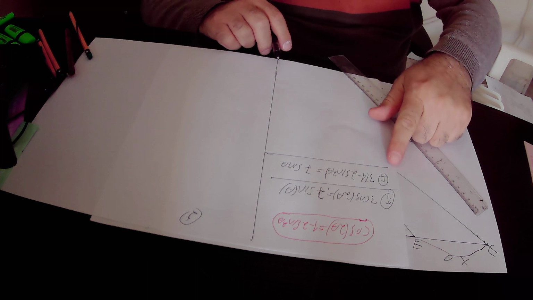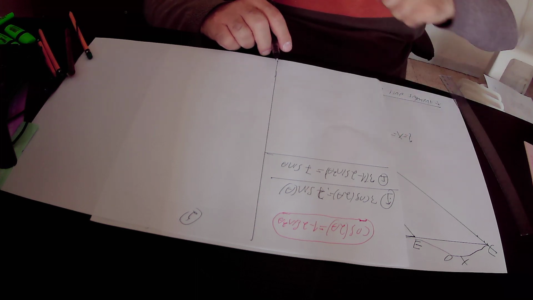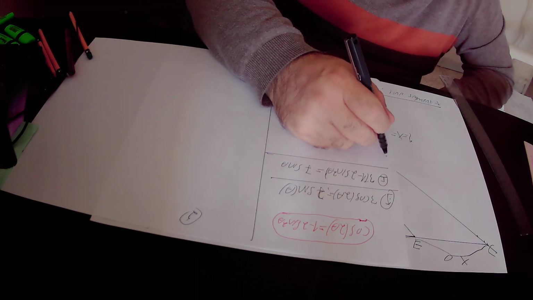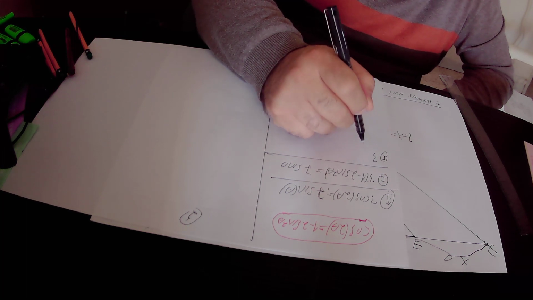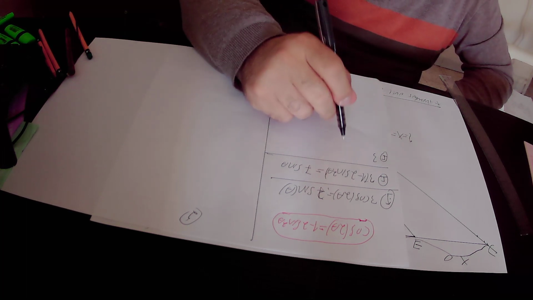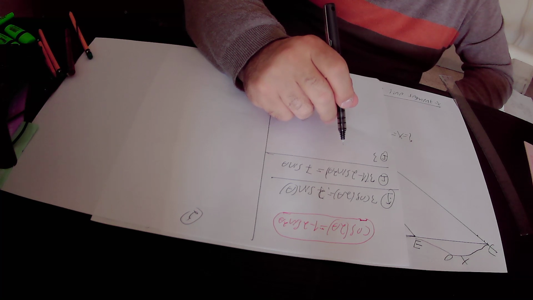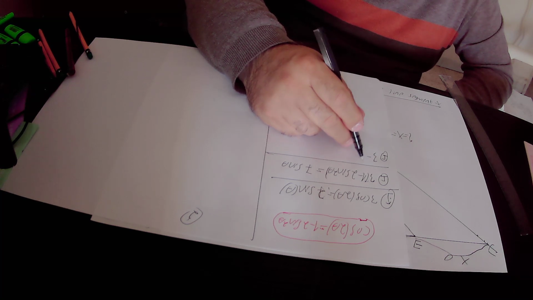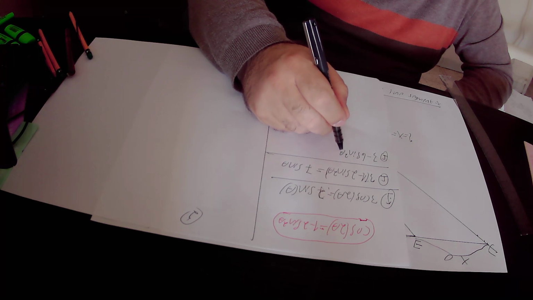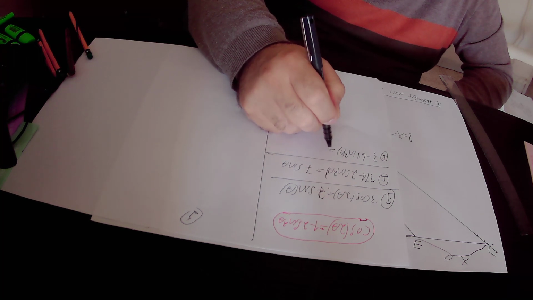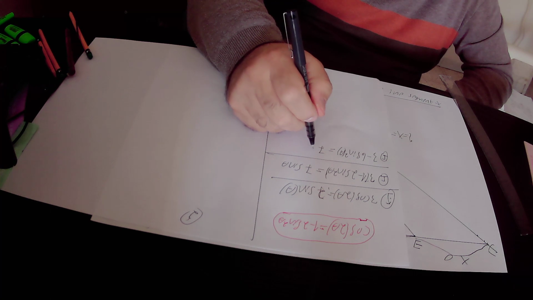Here we will open the brackets on this side of equation number 1. 3 times 1 is 3, and 3 times minus 2 times sine squared theta is minus 6 times sine squared theta, which equals 7 times sin theta.